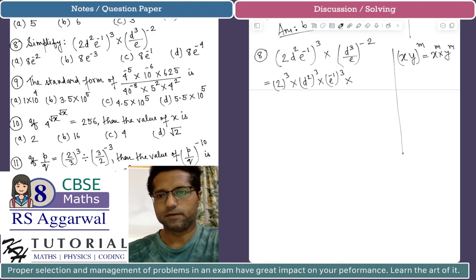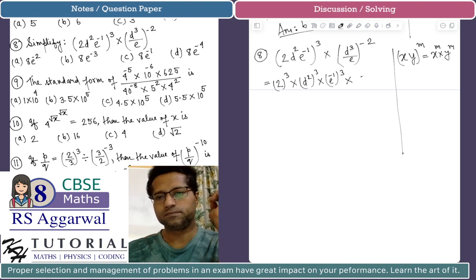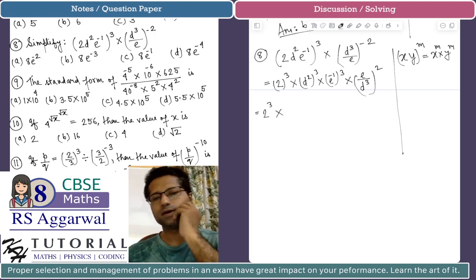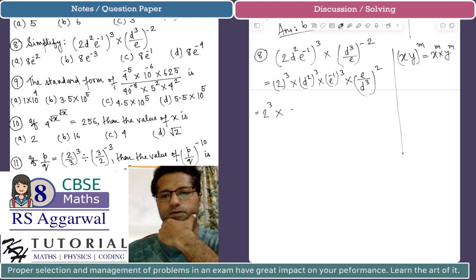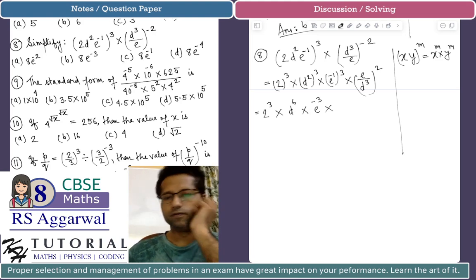I can say that d cube by e raised to the power minus 2 is e by d cube raised to the power square. So this is equal to 2 cube multiplied by d square raised to the power 3 is d to the power 6 multiplied by e raised to the reciprocal of e, that is e to the power minus 1, and that whole raised to the power 3 is e to the power minus 3 multiplied by e by d cube whole raised to the power square.